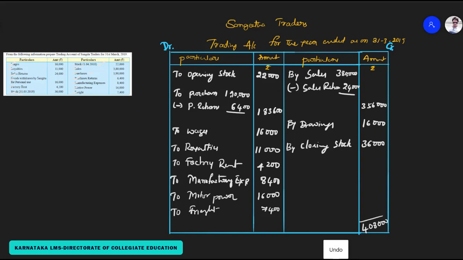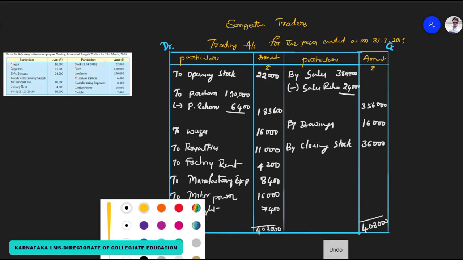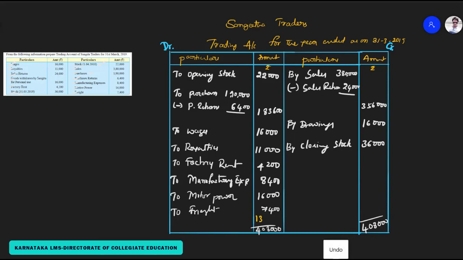And here, when we go to balance it to 4,08,000, the balancing figure will be 1,39,400. That is taken as gross profit, the balancing figure, and this balance will be carried over to profit and loss account. So like this we can prepare the trading account.